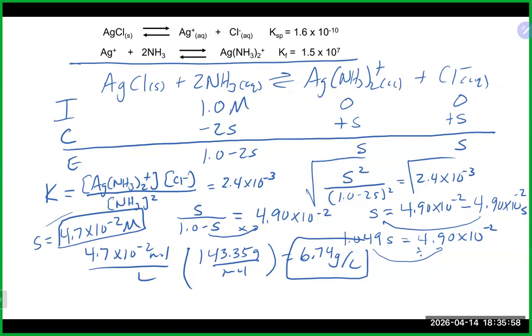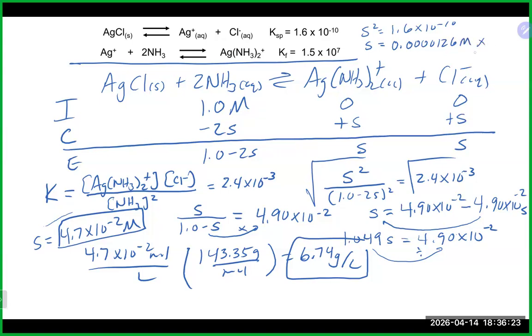Now, if you remember, probably not, if we look at silver chloride in water, its molar solubility is 0.00000126.